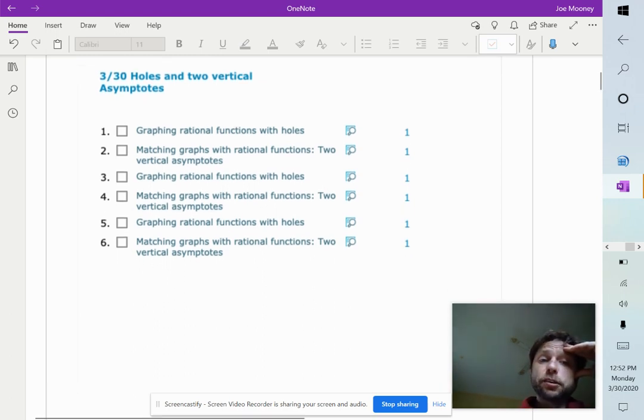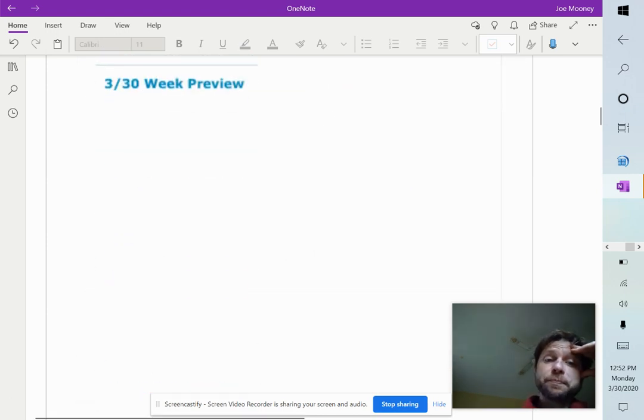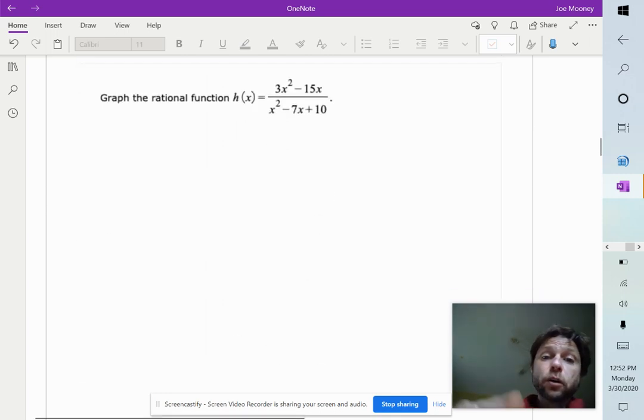So that's what we're going to do: holes and two vertical asymptotes. Don't do the 3:30 week preview. Some of you already did it when it was named 3:30, but now I've called it 3:30 week preview, so that's going to be throughout the week. This has been rough, so it might push into next week. We'll see.